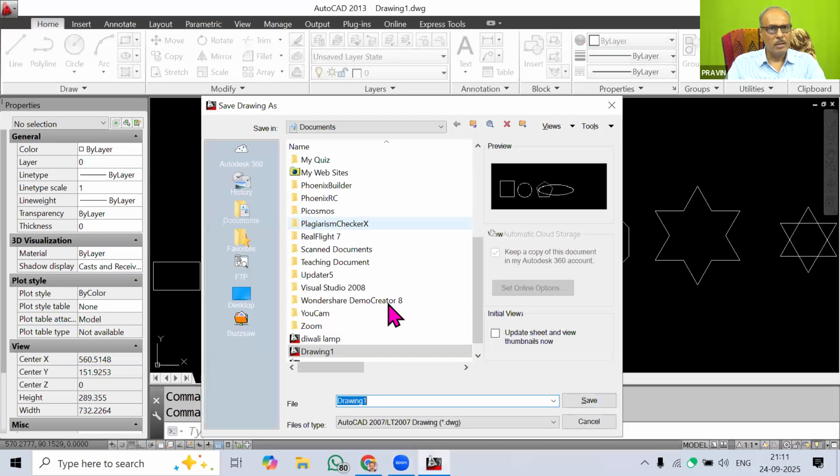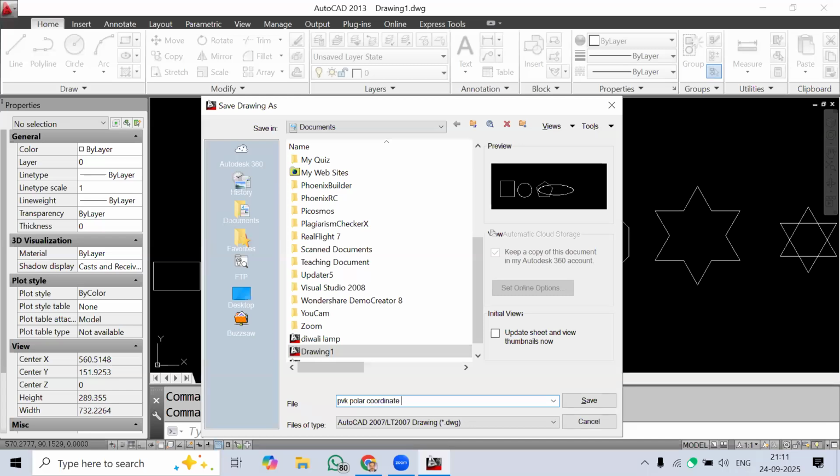Now I have to give the name. So I will give here PVK, means this is my name initial, and then what is the practice? It is polar coordinate. So I will type polar coordinate practice, and now I will save the file.